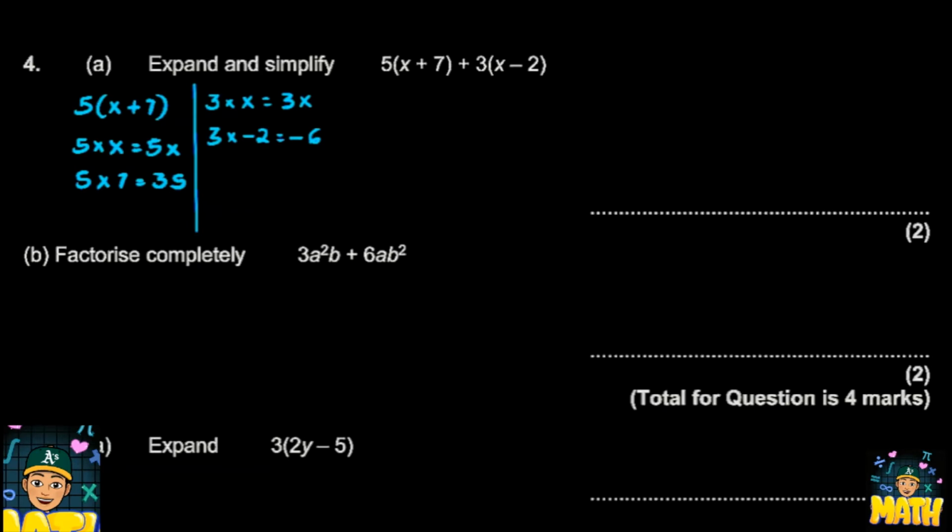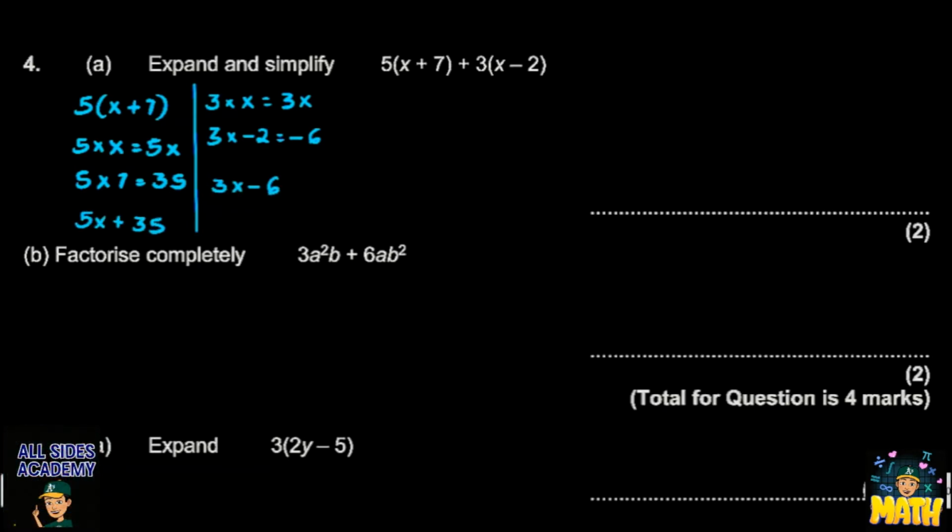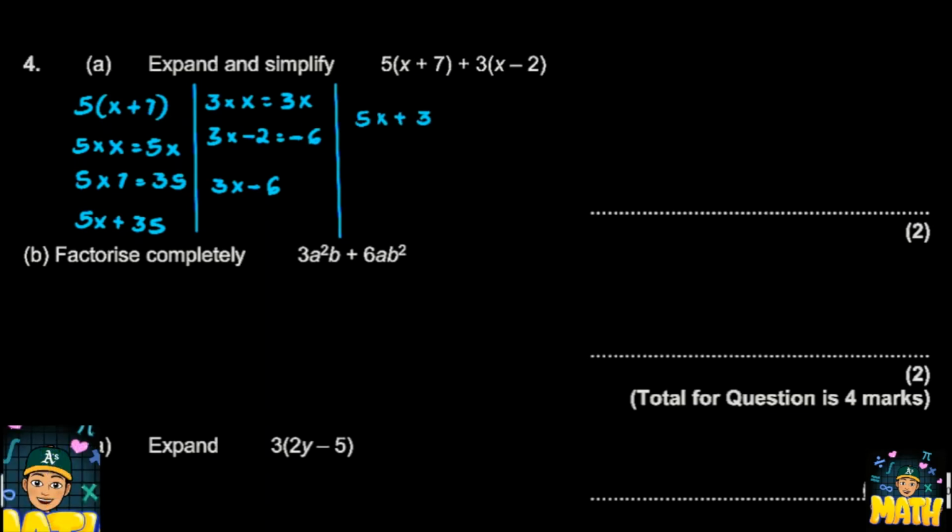Once I have that, I rewrite it as 5x plus 35 and 3x minus 6. Then I add all of them together: 5x plus 35, plus 3x minus 6.